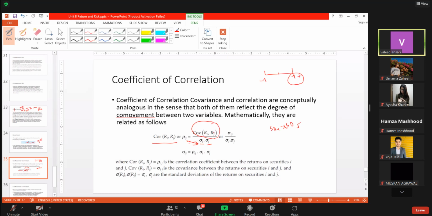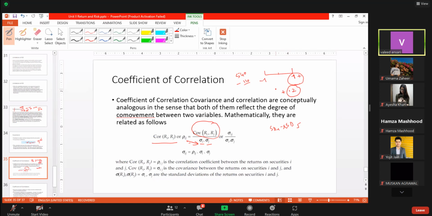We use it because if you get a number like 540 or minus 110, you can understand that there is high covariance, but it is not very meaningful. But if I tell you that the correlation is 0.2, it means there is a 20% positive variation.